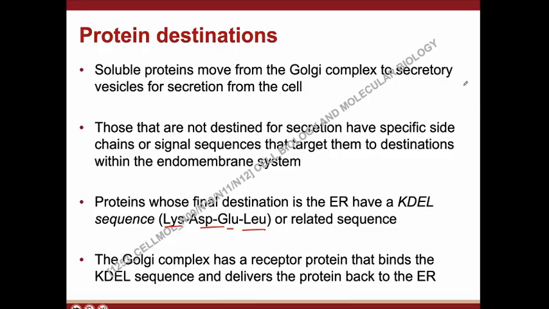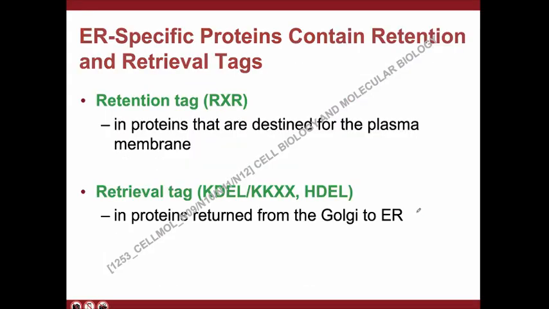So you will see, for example, a soluble protein that is for secretion, we will be discussing later on kung ano yung tag niyan. Non-secretion proteins within the endomembrane system have a different tag. And yung babalik ng ER, KDEL ang ginagamit nilang tag, di ba? So ito yung sinasabi natin na other tags.